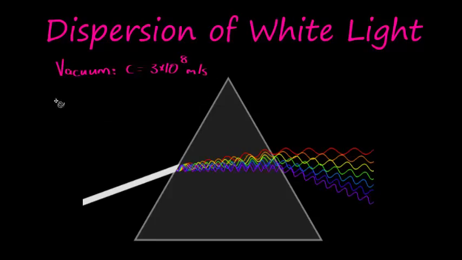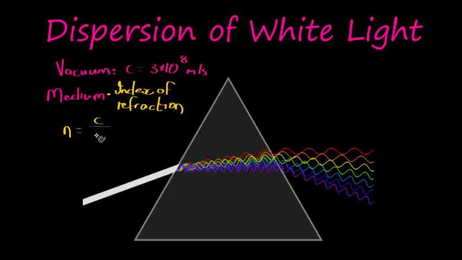However, when it travels through a medium, in other words going through air or water, or in this case a glass prism, then there is what is called the index of refraction. And the index of refraction is given by the formula n is equal to c divided by v.